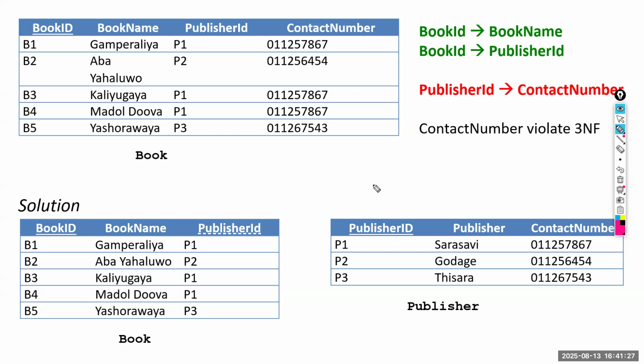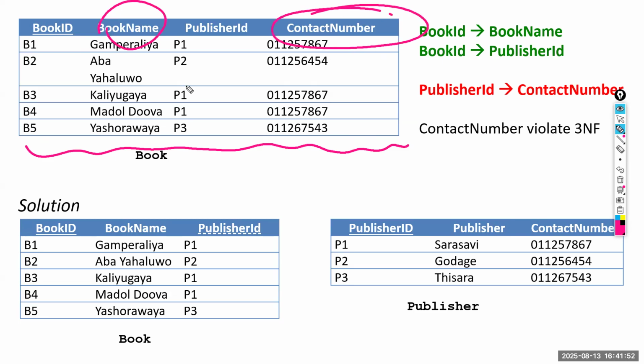I told you, right? There can be some other benefit. For example, say there's a report we frequently generate. And also say there are a lot of data also. So then that report needs not only the book name, we need the publisher's contact number.